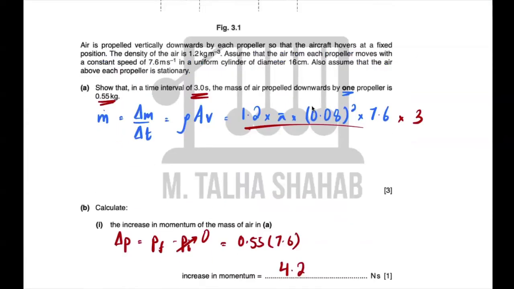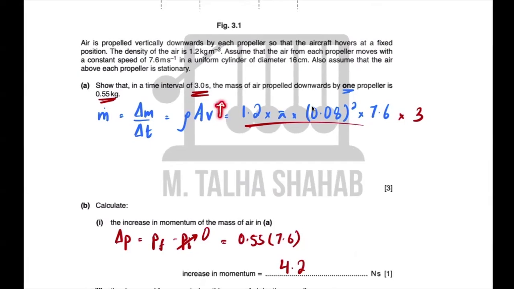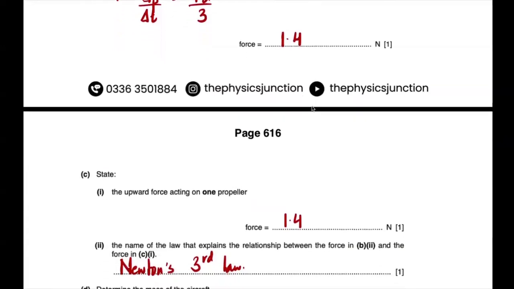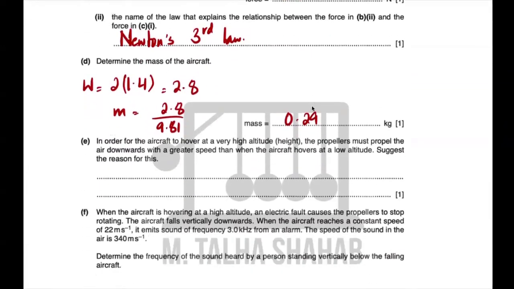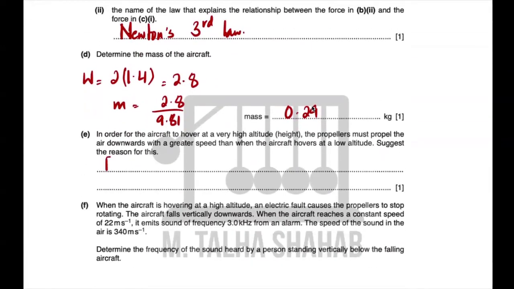So why should the speed increase? That's because air thins out at high altitudes, so the density decreases, so the speed must then increase to compensate for the density. So density of air decreases with altitude.